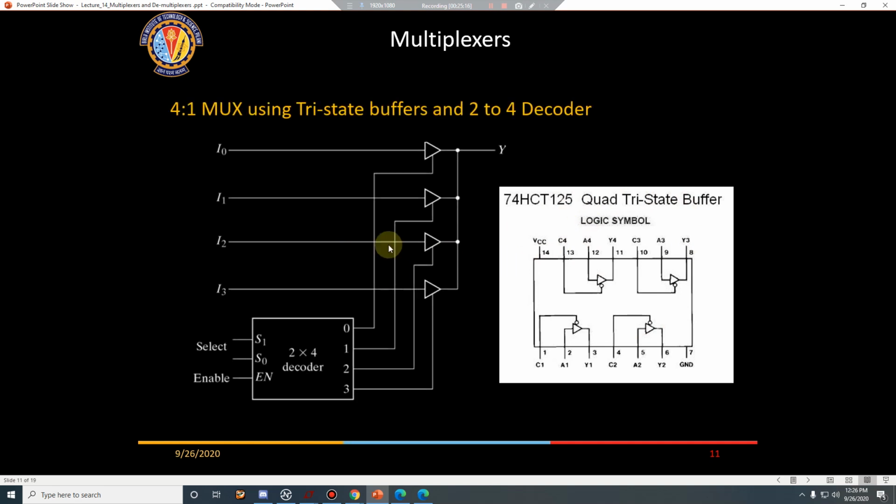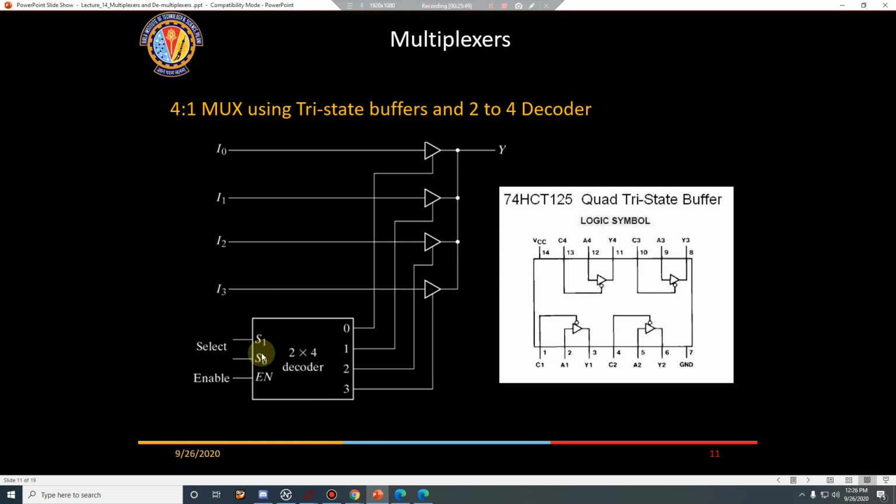Now you see, this is how a MUX is implemented. You use these buffers, and then you can use a decoder. You have select and enable. Select is S0 and S1. What does a decoder do? If it is 0 0, line 0 will go high, so this buffer is enabled and you will get it at the output Y. Similarly, if you have 0 1, line 1 will be activated, so you will have I1 coming at the output.